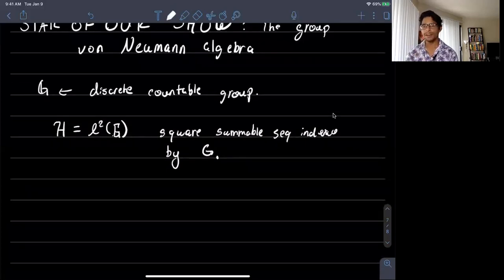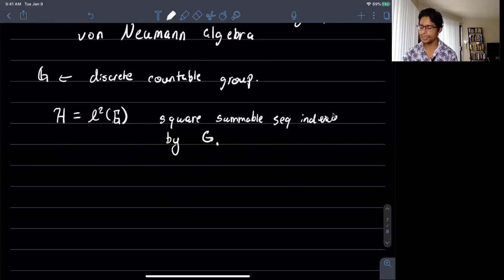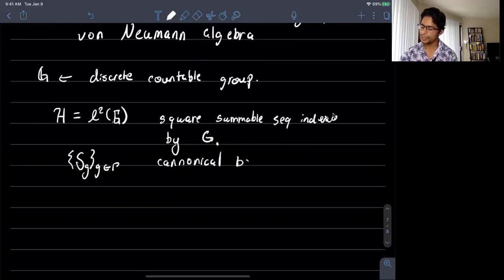And now I need to define some operators. To do that, I'm going to use the left regular representation. So just for notation, we're going to let delta G be the canonical basis vectors.